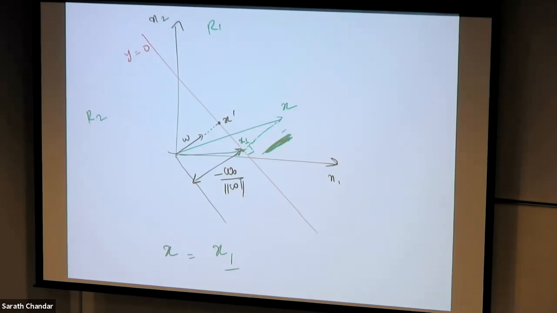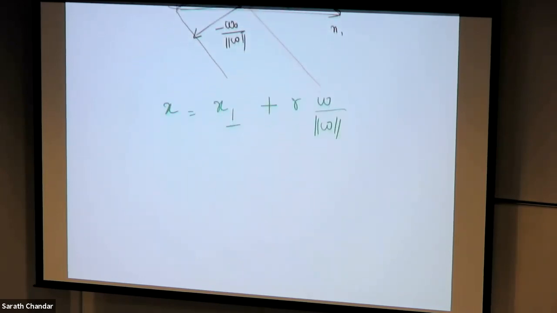So we can just call that r times W by norm of W. Now we just need to find what is this r. That r is what is deciding how far it is from the decision surface, right?